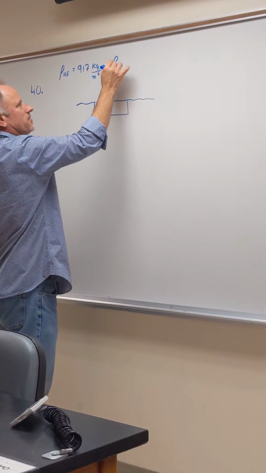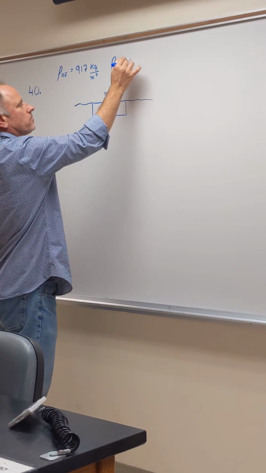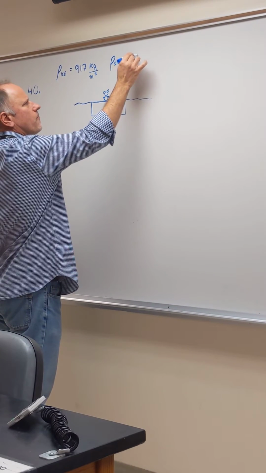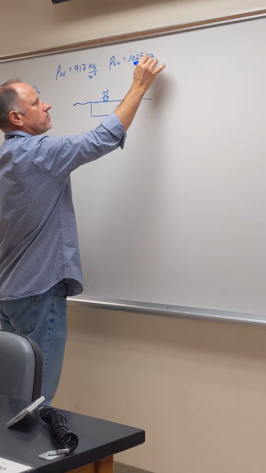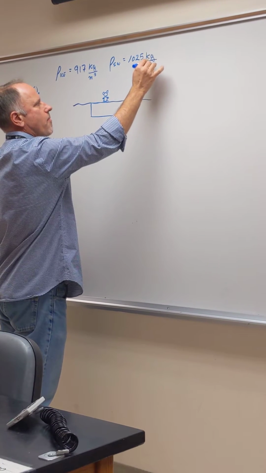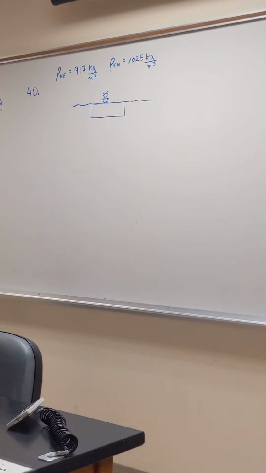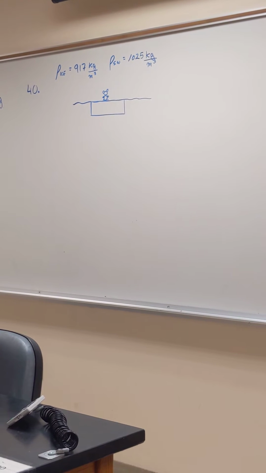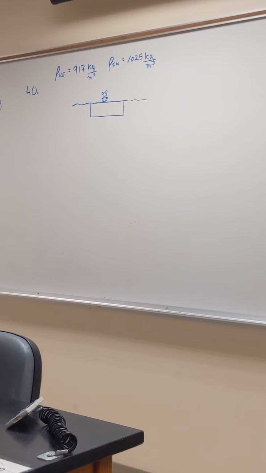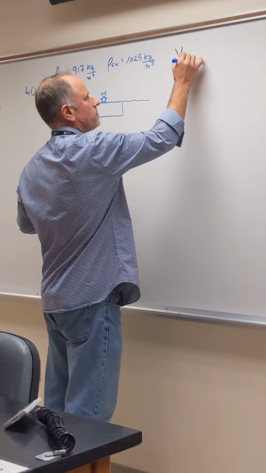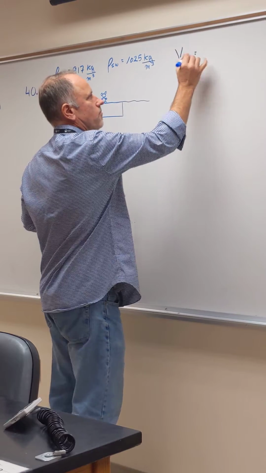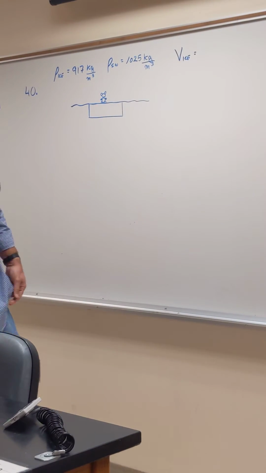And the density of salt water, 1025. What else do we know? We know one more piece of information: floating ice, volume of the ice, 5.2.